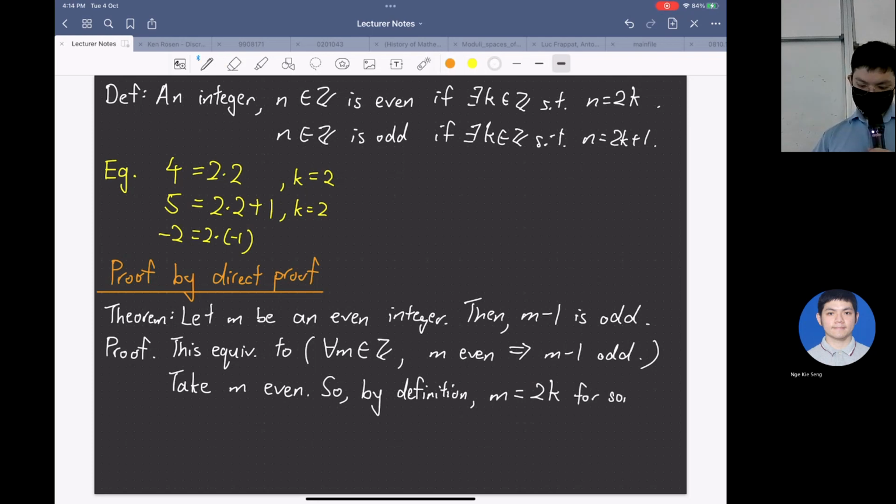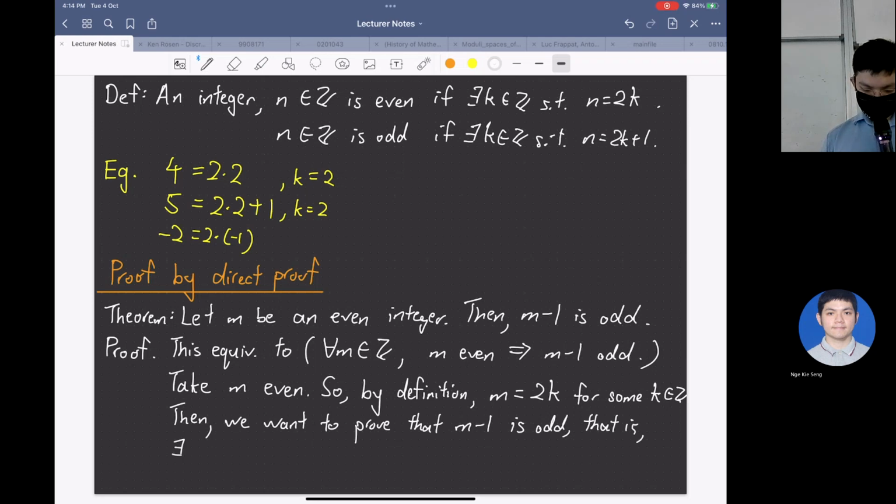Then we want to prove that m minus 1 is odd, that is, there exists some x, maybe I don't use k because k is fixed here, so I write there is this x in Z such that m minus 1 equals 2x plus 1.